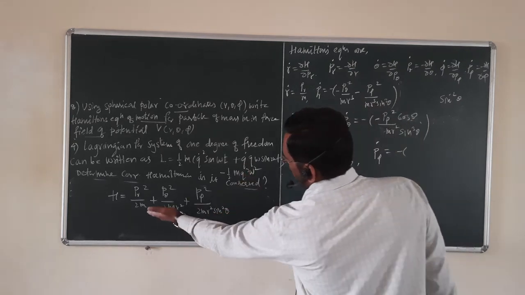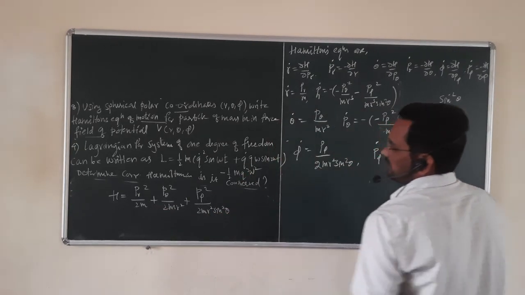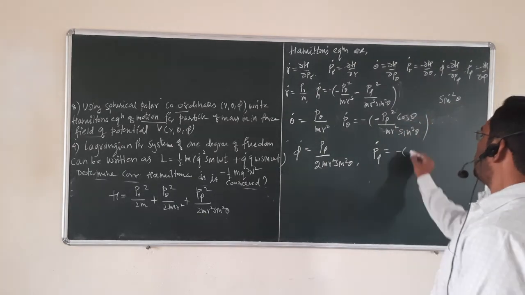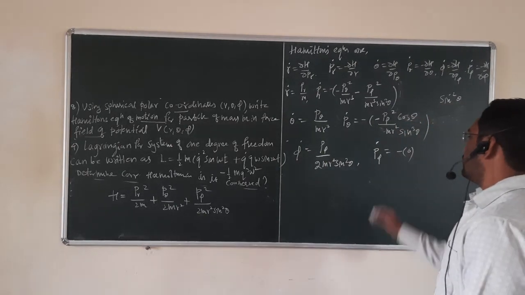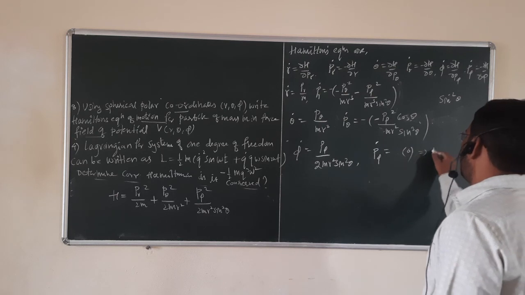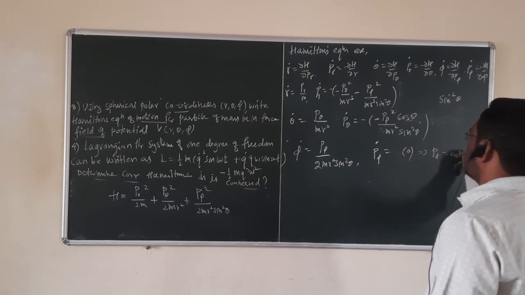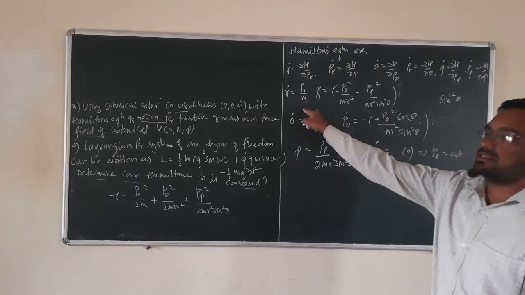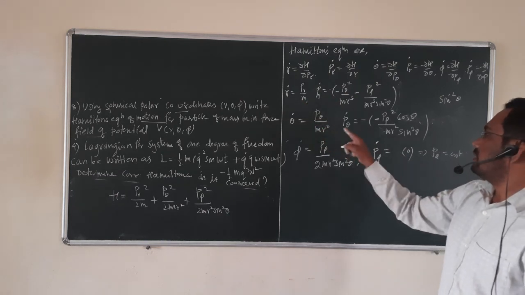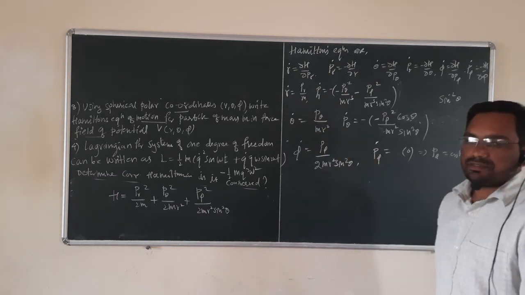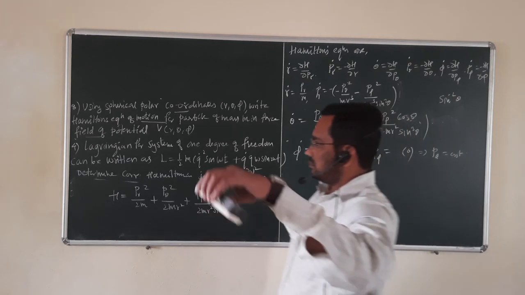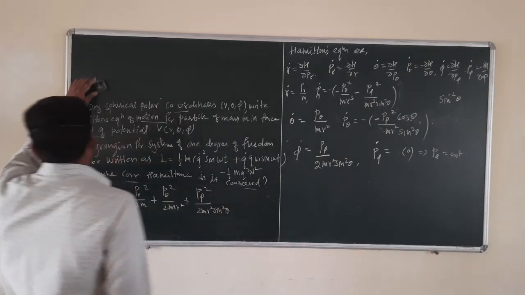Here we don't have any term which includes phi, so p_phi dot is 0. So p_phi is constant. These are Hamilton's equations 1, 2, 3, 4, 5, and 6. With this, we finish problem number 3.